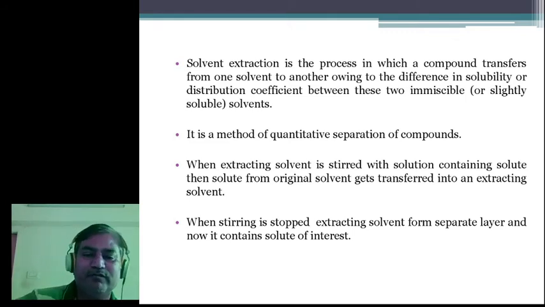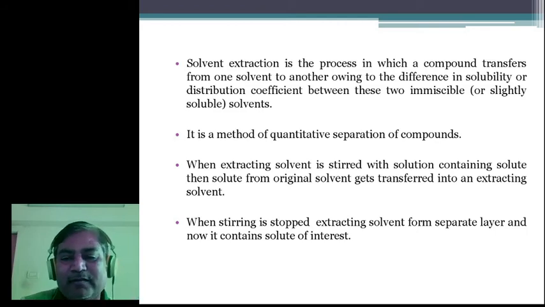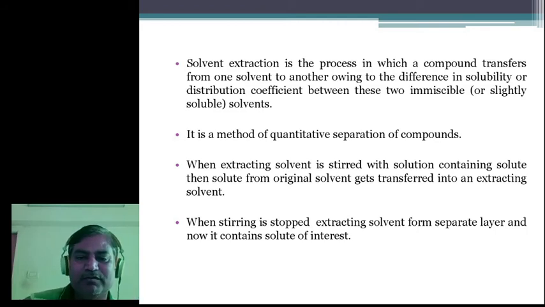Now let's see how it works. Suppose we are taking this mixture. Initially we are taking benzene. Some of the solute, that is the compound which is to be separated, gets distributed in benzene, and then we add another solvent which is immiscible and shake the separatory funnel rapidly.